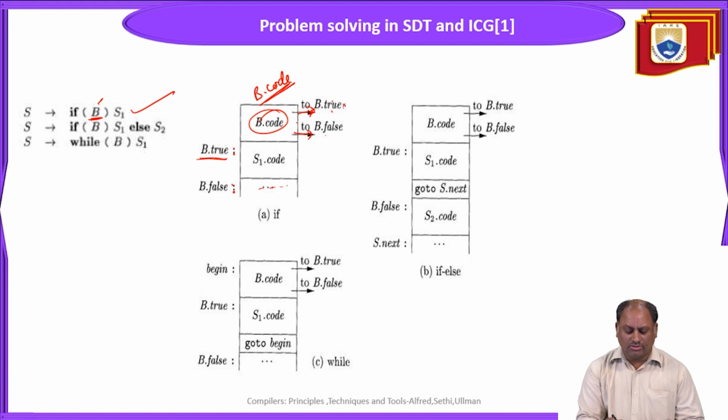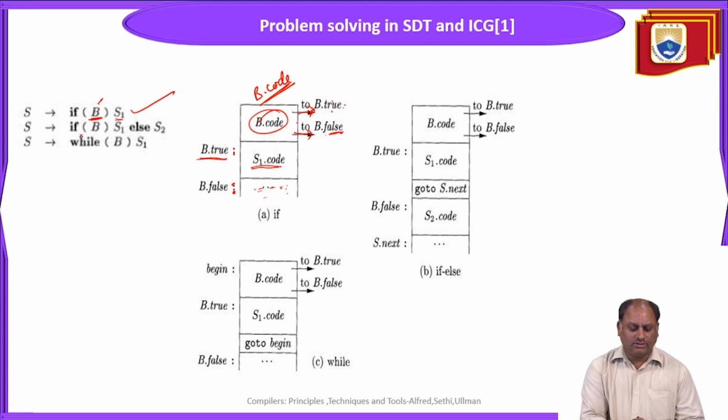So it goes to B dot true whenever it is true, and then the list of statements, the S1 dot code, will be executed. Else, if it is false, then it won't execute the S1 dot code. Then for false, the false block corresponding list. That means it skips S1 and goes further to the next line of statements.